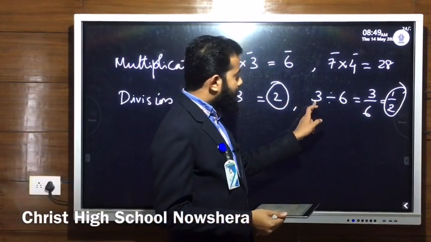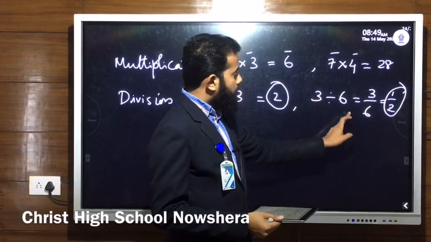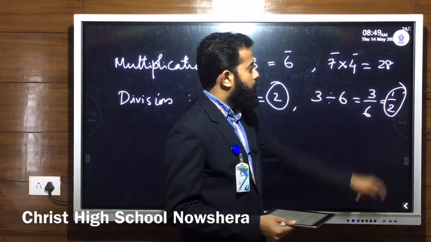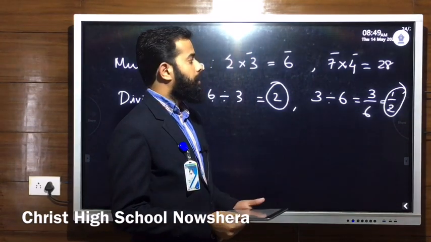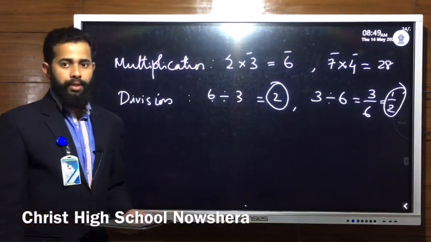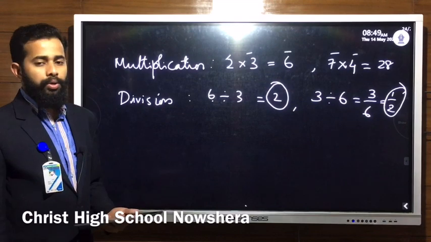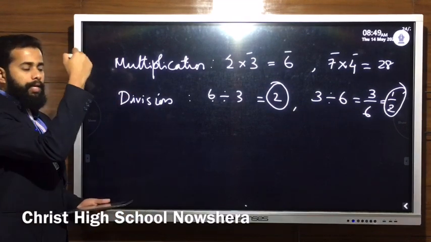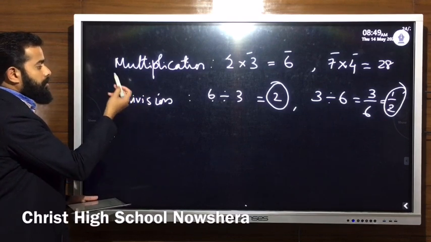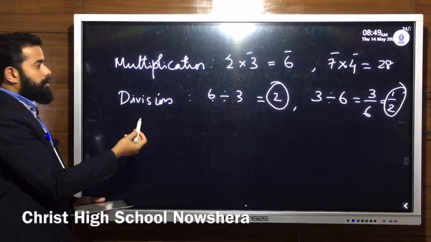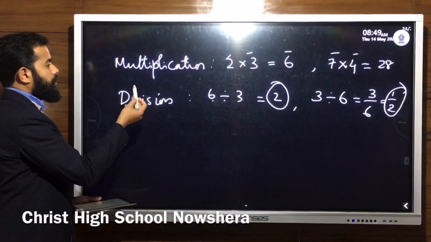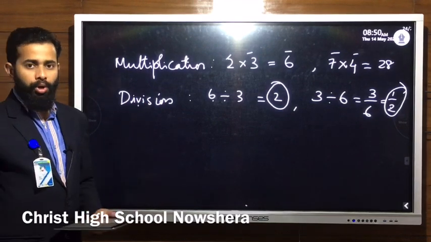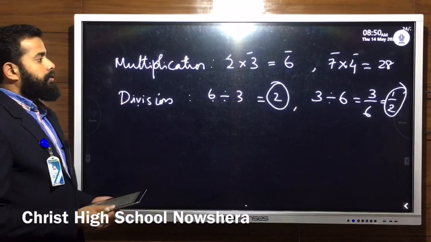But in the next case, 3 is a whole number, 6 is a whole number, but 3 divided by 6 is equal to 1 by 2. 1 by 2 is not a whole number, it is a rational form. So, same as subtraction, we can say that whole numbers are not following the closure property in division, or whole numbers are not closed under division.